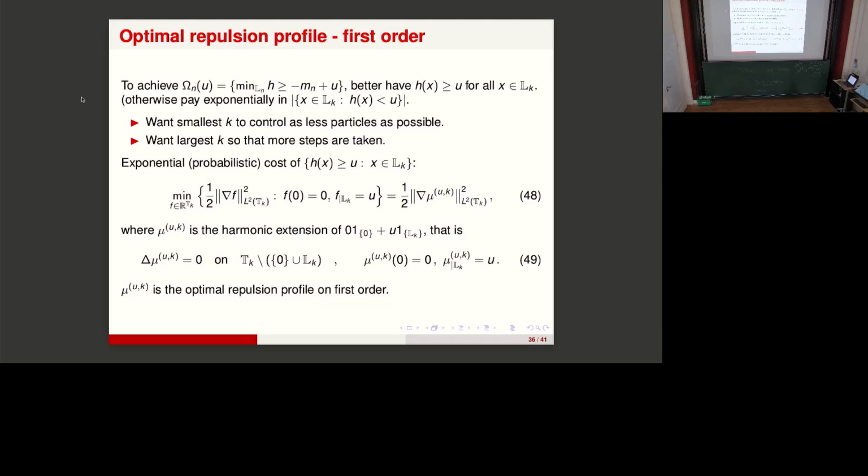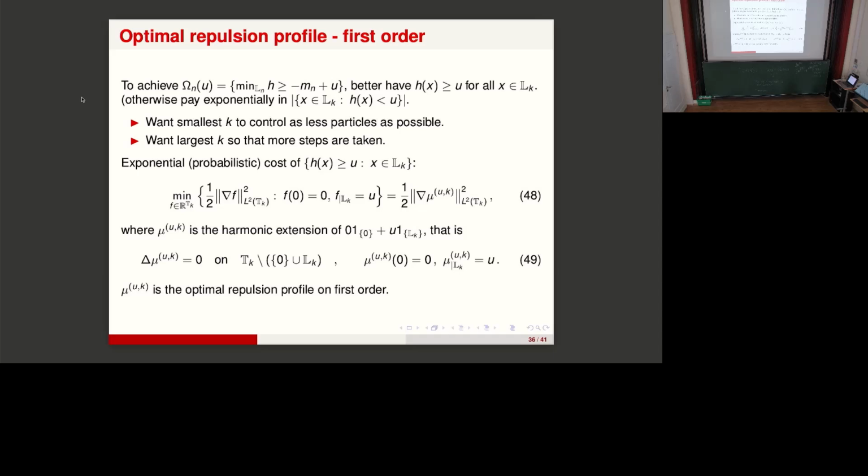That's the exponential cost that I pay for a trajectory f of the field. The field starts from 0, and I want it at generation k to be u. Suppose that I decide that I want the field to be at level u at generation k. What is the exponential cost?